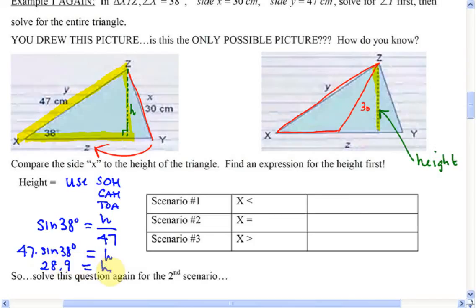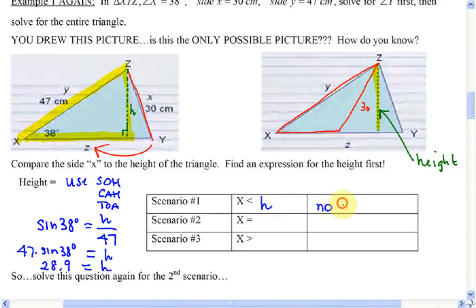So here is my scenario for you. If the x value, which is this longer side, which is 30, is less than h, the height, what do you think happens? Yes, Isabel. No solutions.